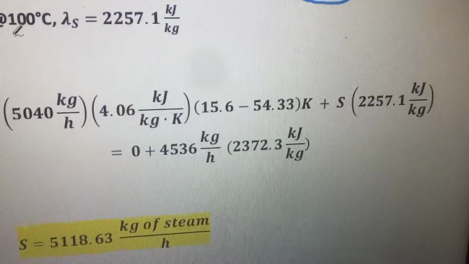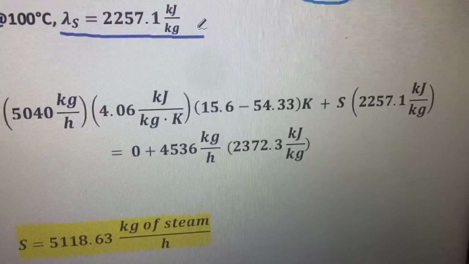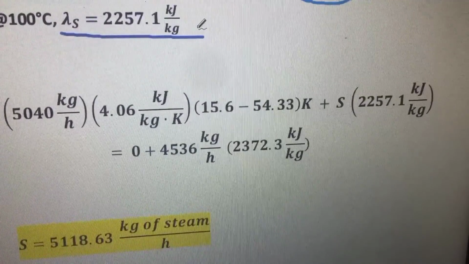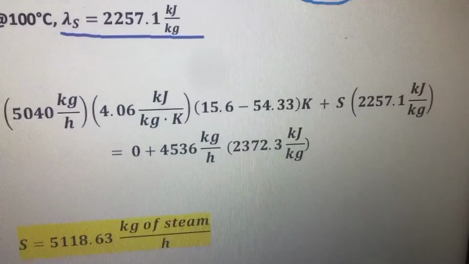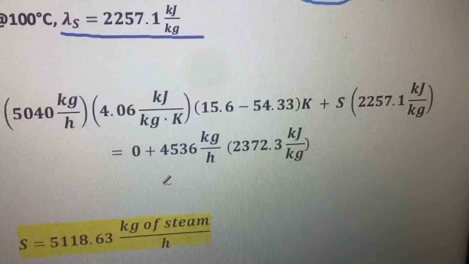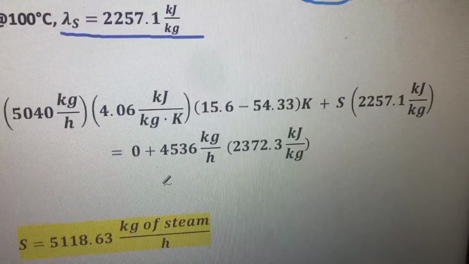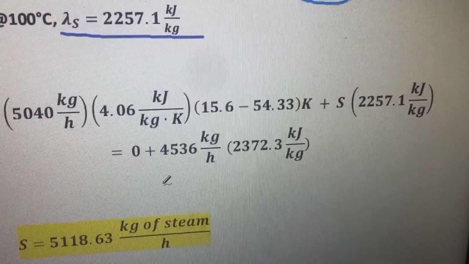Next, at 100 degrees, the latent heat for steam is 2,257.1 kilojoules per kilogram. To find the value of S, we're going to use the first equation, or the overall material balance.